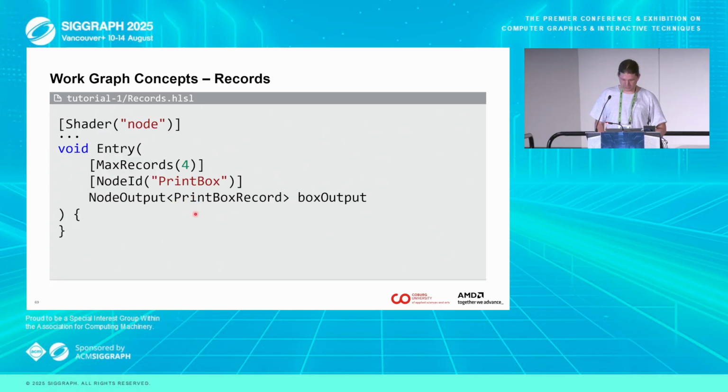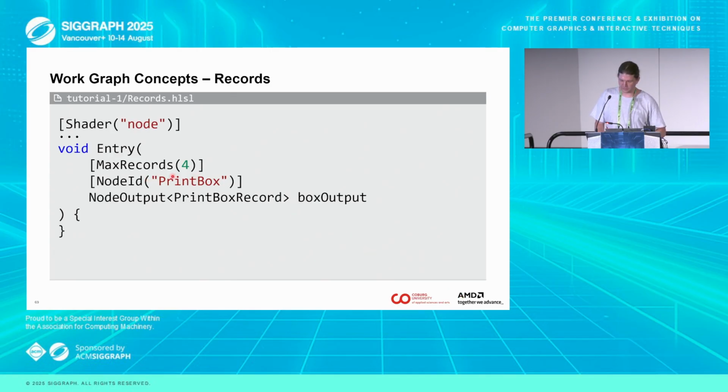And this is what we're doing here. Then we must specify what node is going to consume those records, and this is going to be our print box node, which we have defined further down in the code. And you can look at the code. It should probably fit on 1 or 2 code pages if you collapse the comments.